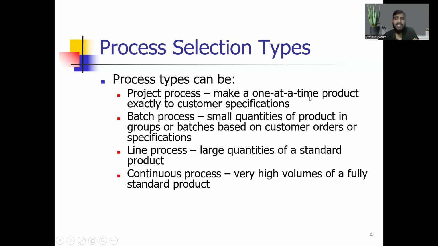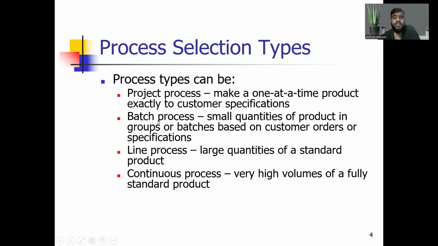Make one product at a time exactly to customer specification. Next, batch process. When you are producing a small quantity of product in groups or batches based on customer orders or specifications, this is known as batch process. If you have the option to go to pharmaceutical companies or textile companies, you will find that batch process is very popular.